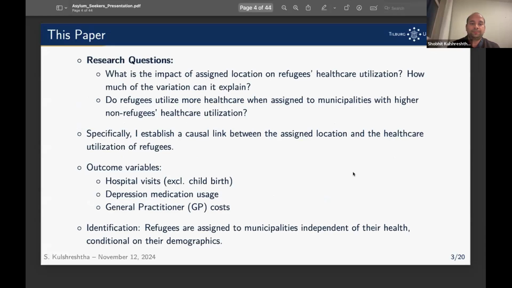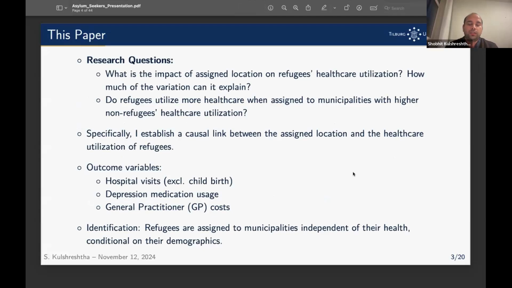In this paper, I'm answering two main research questions. The first one is how this initial assignment affects refugees' healthcare utilization, and how much of the variation in healthcare utilization can be explained by just these location effects.